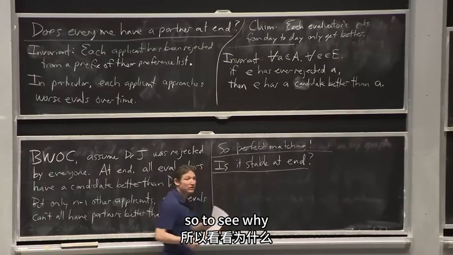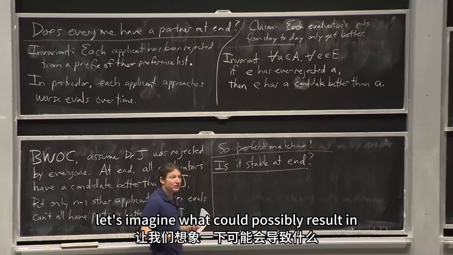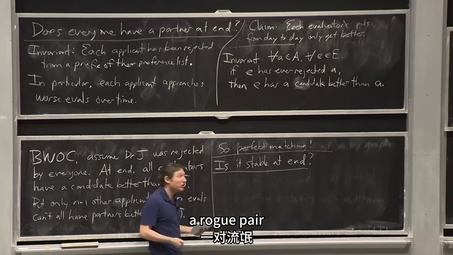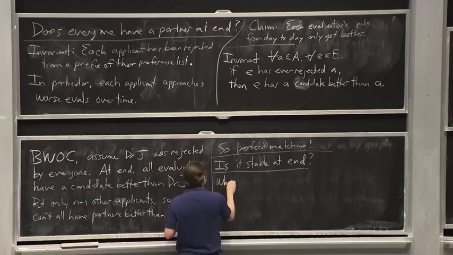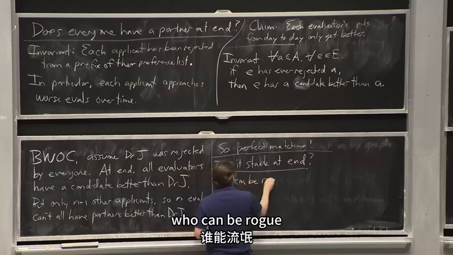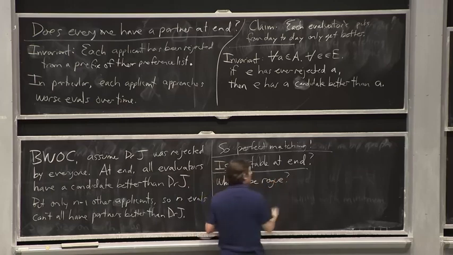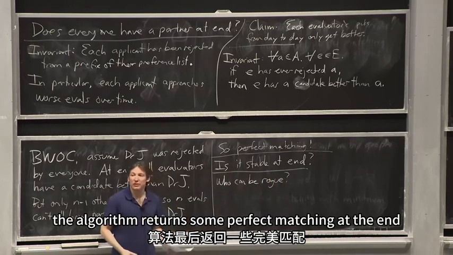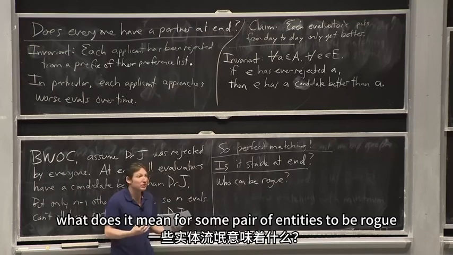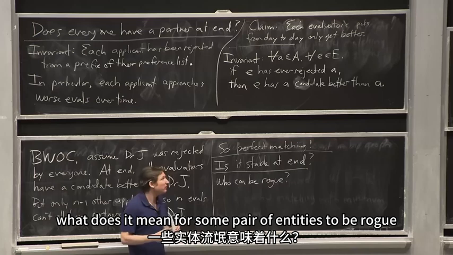So to see why, let's imagine what could possibly result in a rogue pair. Who can be rogue? The algorithm returns some perfect matching at the end. What does it mean for some pair of entities to be rogue?